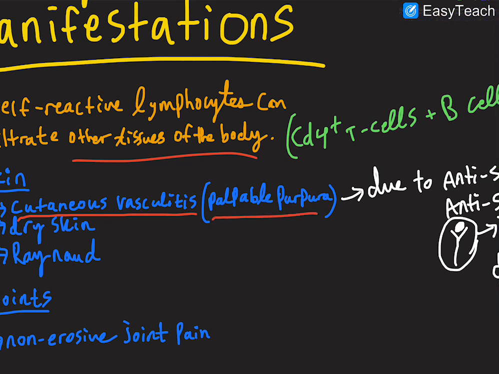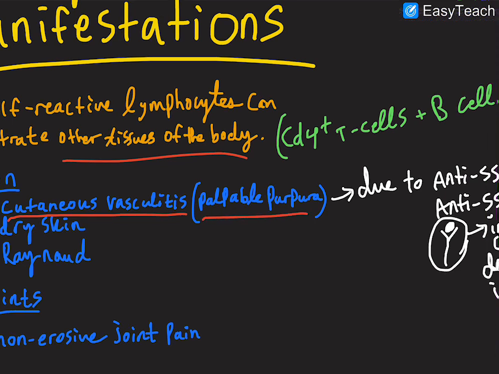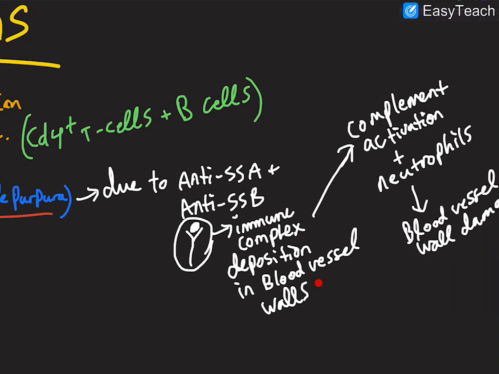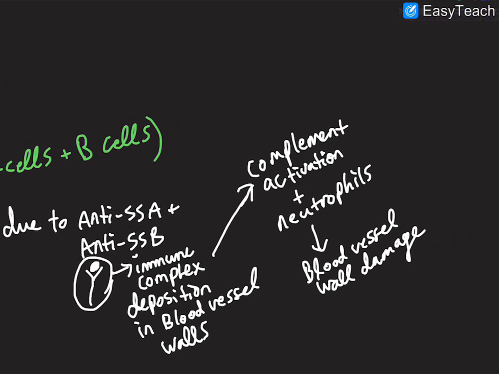So let's see what we mean by that. Remember, we form autoantibodies, and these antibodies can form immune complexes and deposit in the walls of your small blood vessels that supply your skin, for example. And we know that when immune complexes deposit, let's say we just drew a simple diagram.